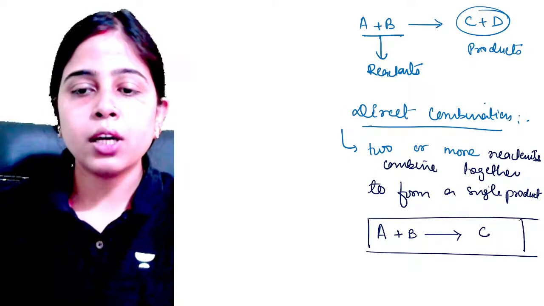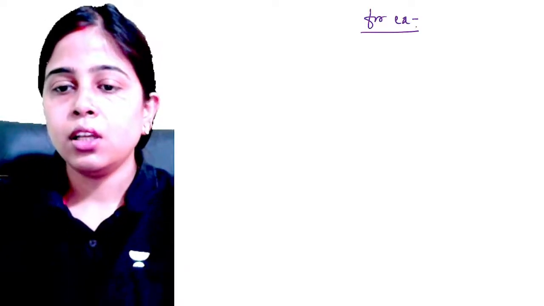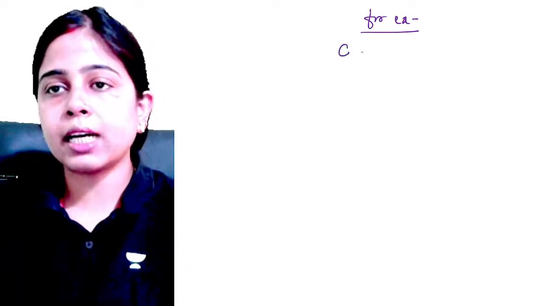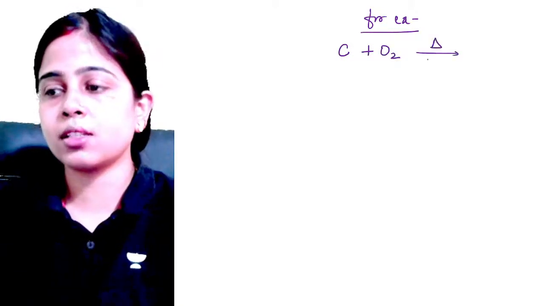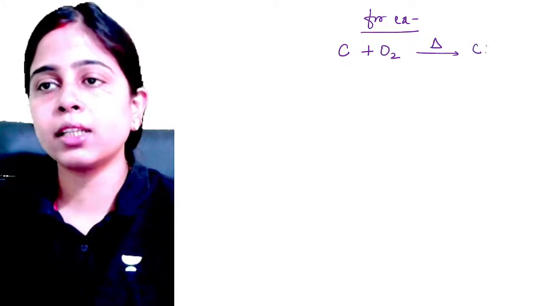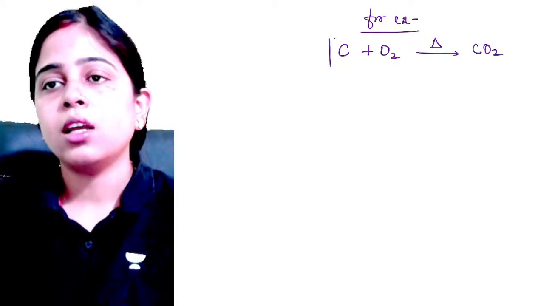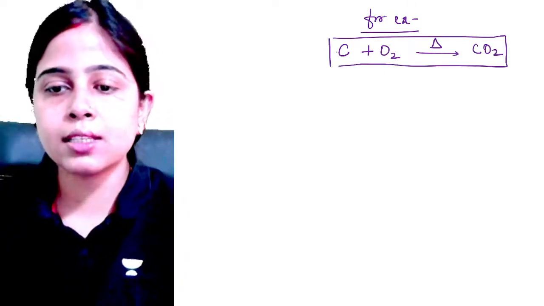Okay. For example, let me show you some examples. So in this case, if I take carbon and if I take oxygen and if I react them together in presence of heat, what will happen? This carbon and oxygen will combine together to produce your carbon dioxide. So this is a combination reaction. Why is it called synthesis reaction?